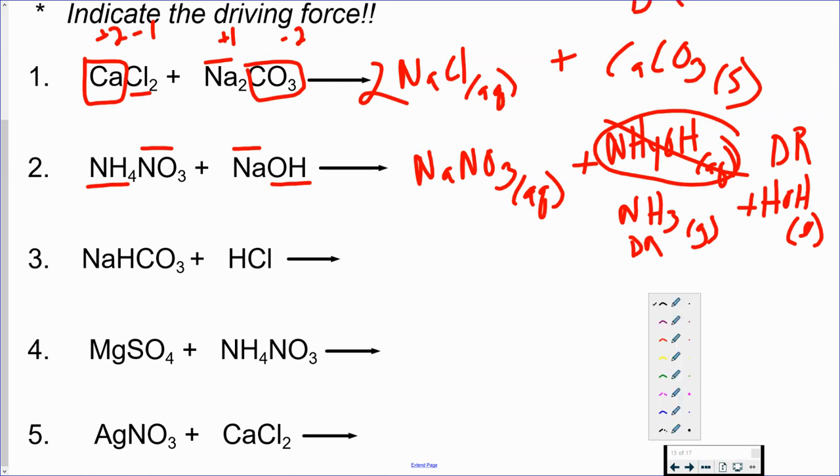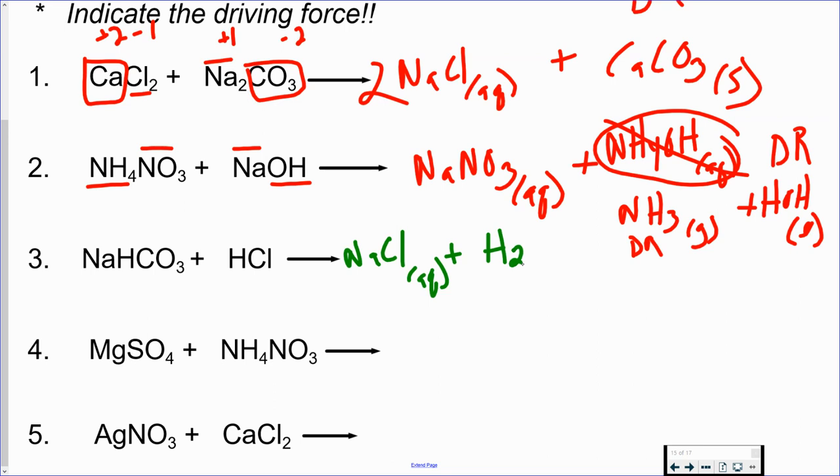Go ahead and pause it and then give it your best shot. I'm going to be giving you those answers here just shortly. 5, 4, 3, 2, and 1. On this, you're going to produce sodium chloride, which is aqueous, plus H2CO3.